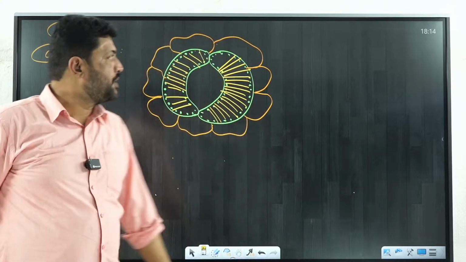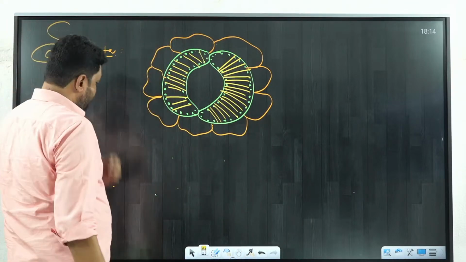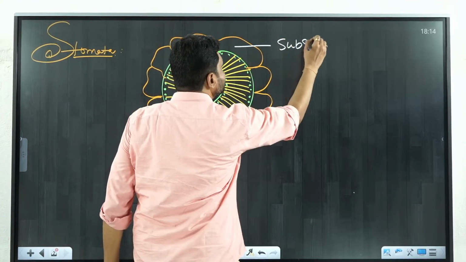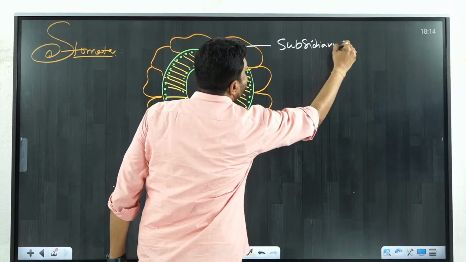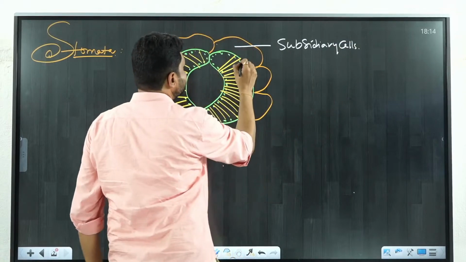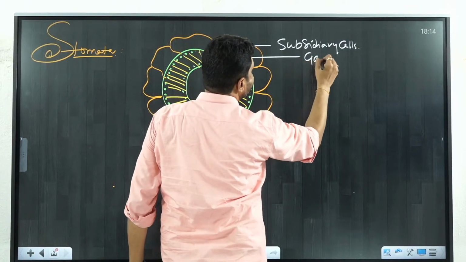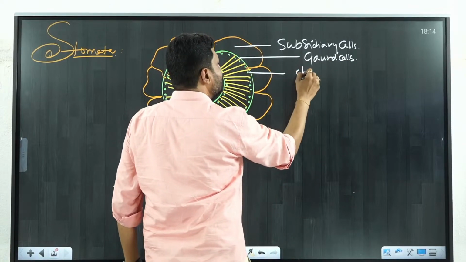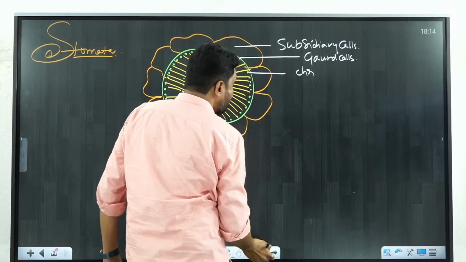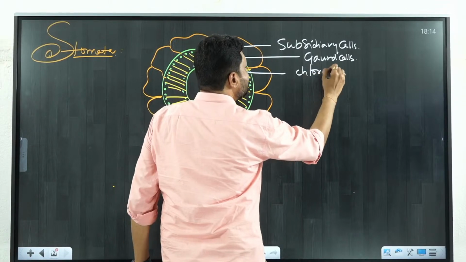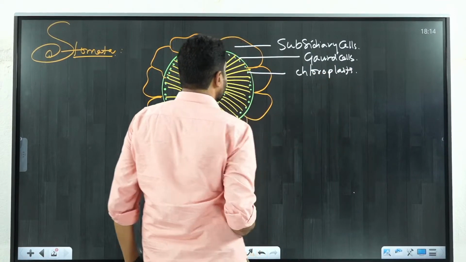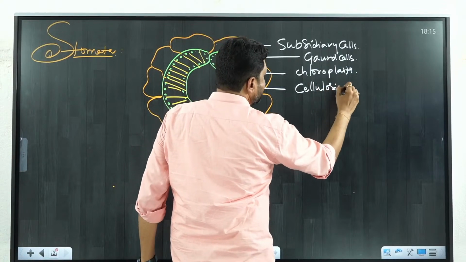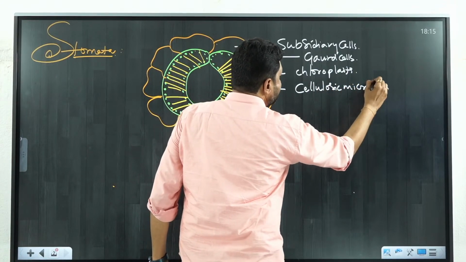Clear? So the chloroplasts. Now let us rename this: subsidiary cells. The green colored cell is the guard cell. Guard cells, and these are chloroplasts, and this is cellulosic microfibrils.